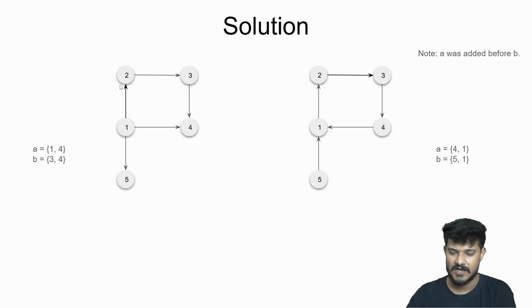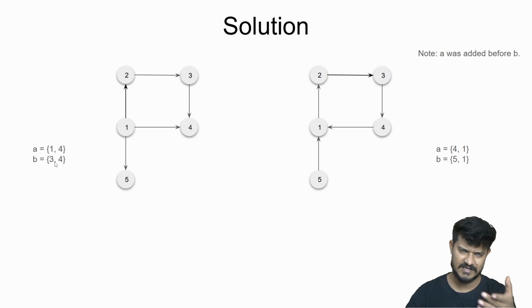For example, in the first example, 1 4 and 3 4, I have saved as A and B. In the second example, 4 1 and 5 1, I have taken as the two edges of the node which has two parents, right? Those edges you have to save because you have to delete one of those edges, and that would be your result, right? So just save both of these.